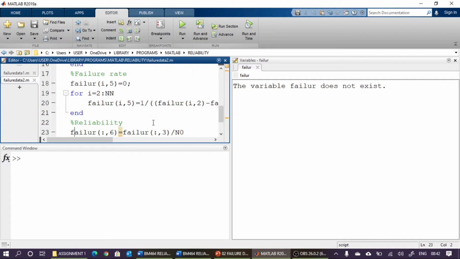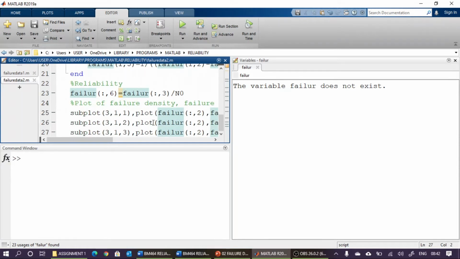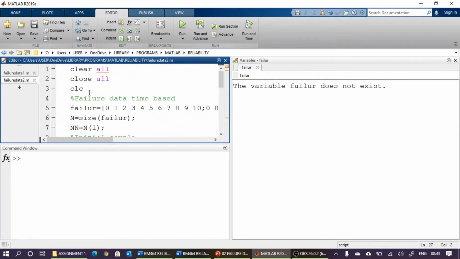And reliability is then calculated: it is the number of survivors divided by the initial population. Now we are drawing the graph of failure density, failure rate, and reliability, so that we are going to do.